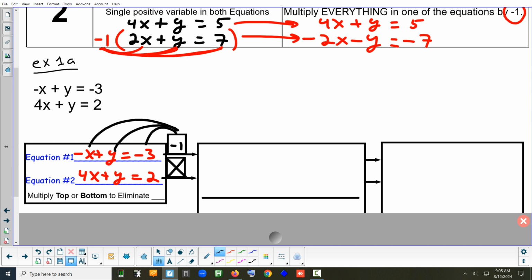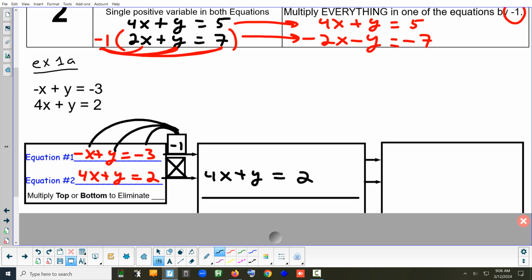The box that you cross out and you're not using, that equation stays the same. So we're going to copy equation 2 over right here. Now equation 1, we're going to multiply this out, and then we're going to write down the answer on the right side.